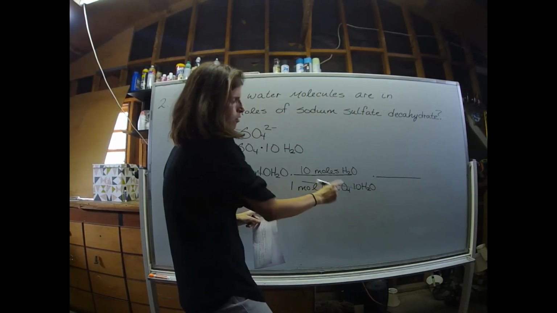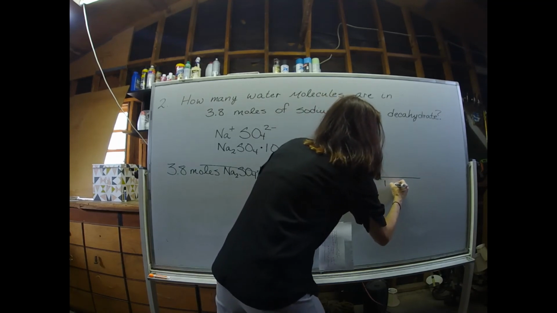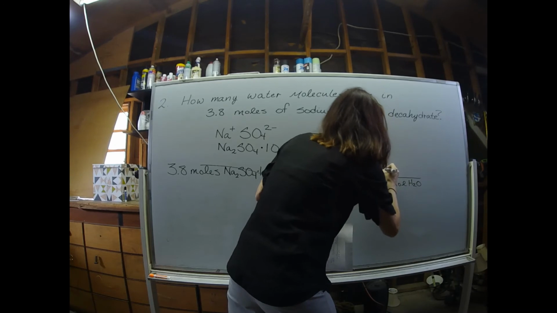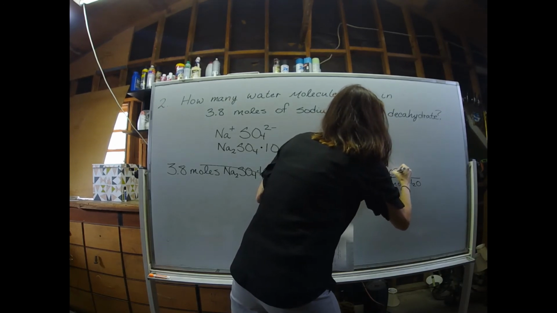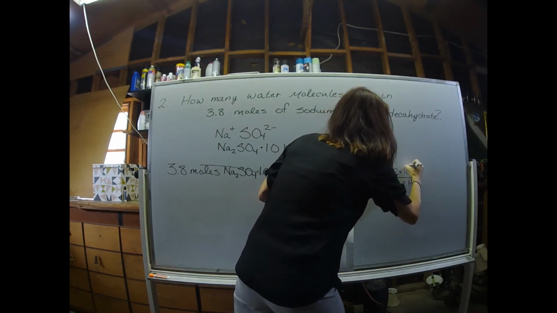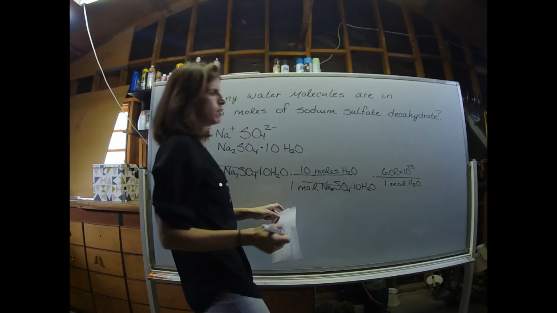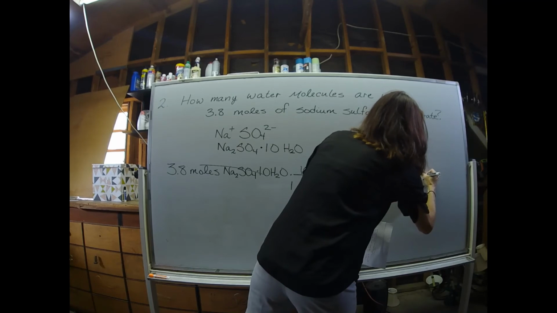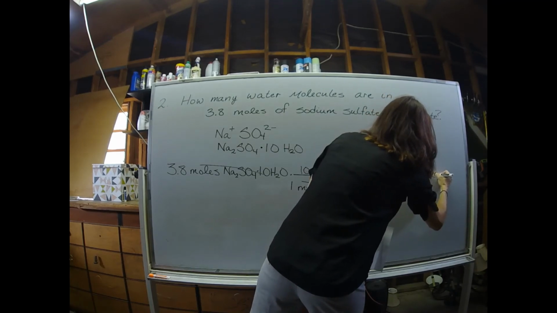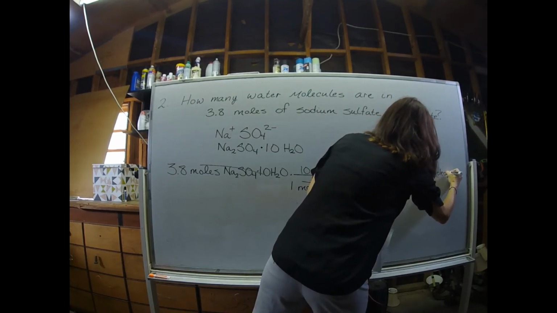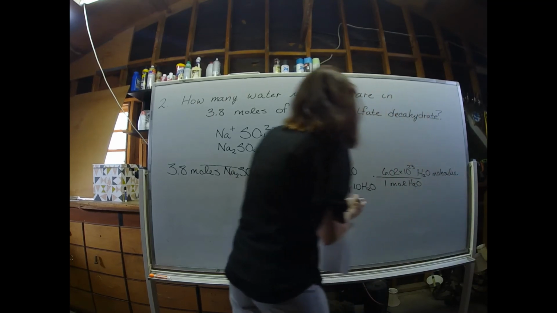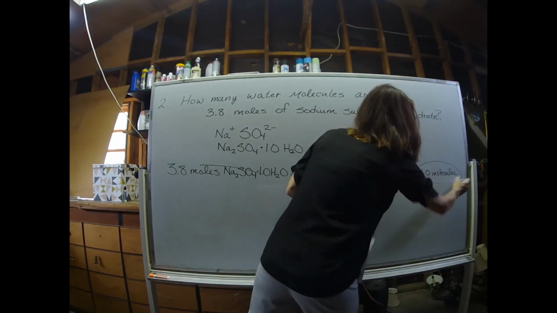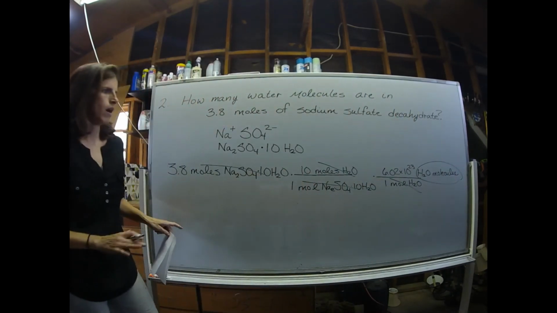So I can put 1 mole of water on the bottom has 6.02 times 10 to the 23rd. Again, I want to be really specific. What am I talking about here? Water molecules. That way, moles of water is canceling with moles of water, and I'm just left with water molecules.